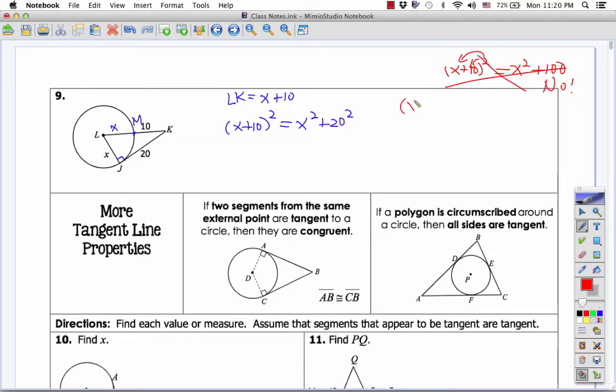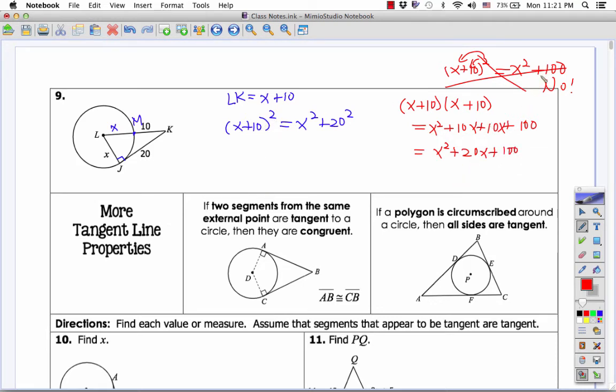The correct way of doing it is x plus 10 squared is x plus 10 times x plus 10. And if you FOIL, you should have x squared plus 10x plus 10x plus 10 times 10 is 100. So you should have x squared plus 20x plus 100.